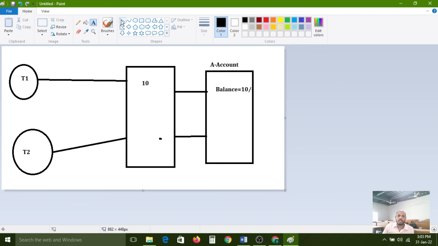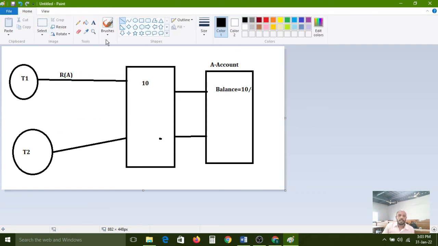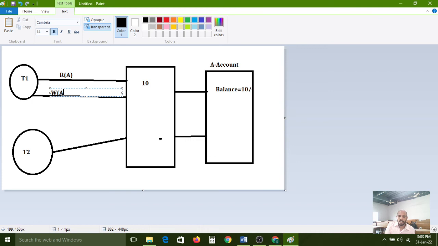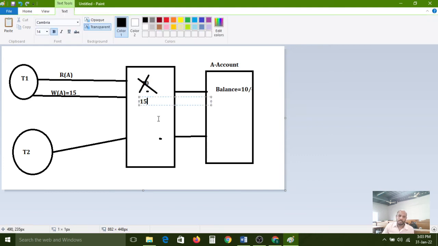Second operation from T1, write A equal to 15. Instead of 10, strike off the 10 and place 15 here.